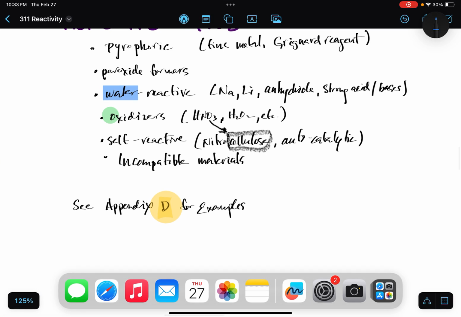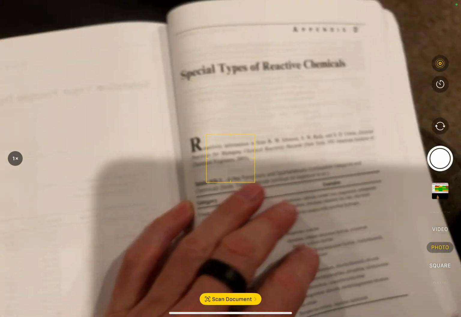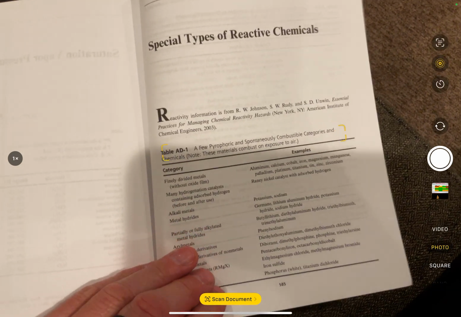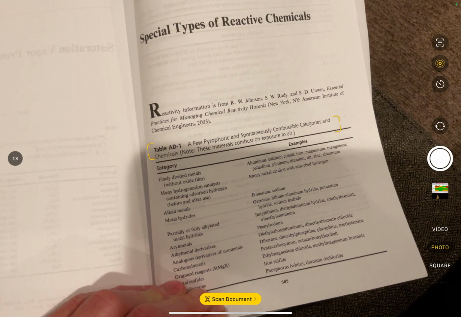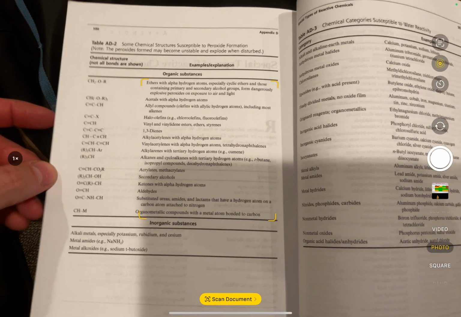And Appendix D in Kral and Luvar's safety manual, this one here, highlights additional reactive chemicals. It's a good resource.